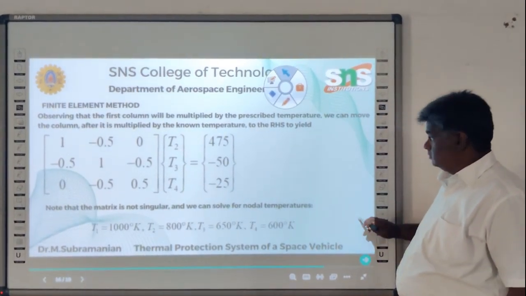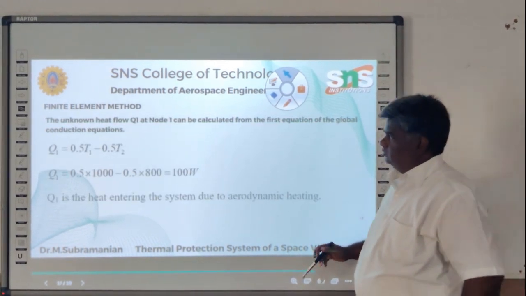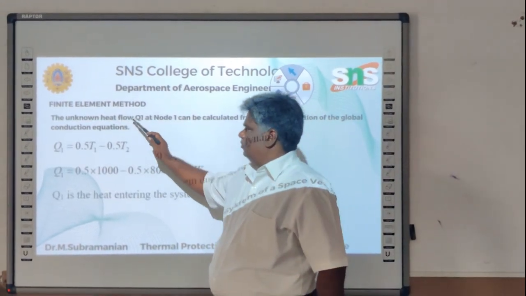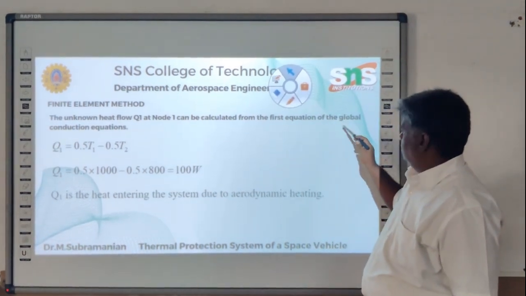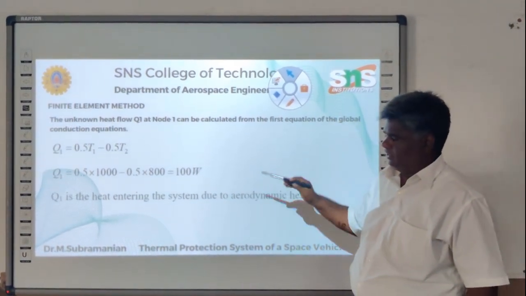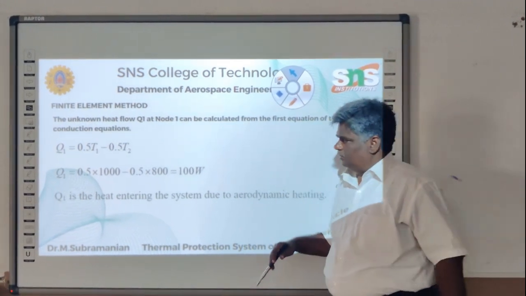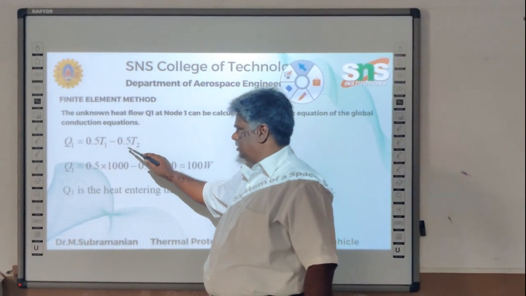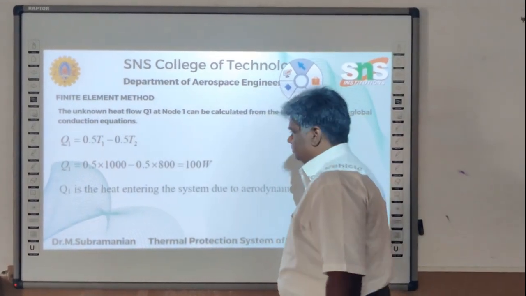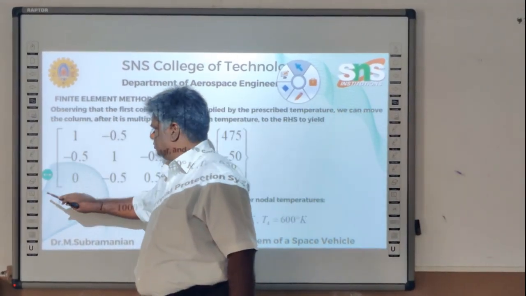So the unknown heat flow Q at node 1 can be calculated from the first equation of your global conduction equation. Based on the system of FEA equations, we get 0.5 into T1, 0.5 into T2. How have you obtained this equation?